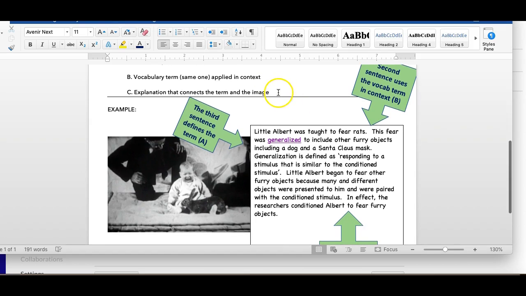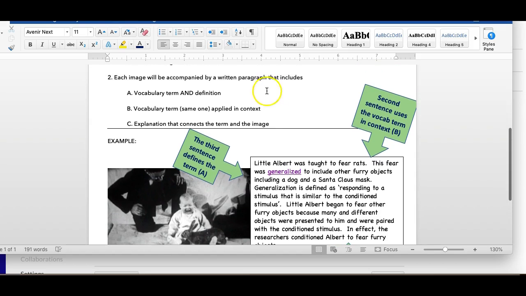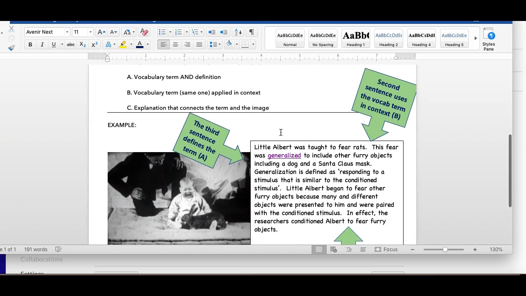And the last part of the paragraph, there needs to be an explanation that connects the term and the image, okay? So it doesn't necessarily have to go in this order. You will see that mine doesn't go A, B, C in order. It actually goes B, A, C, which is totally fine. Within the paragraph, you do have to have these 3 components.